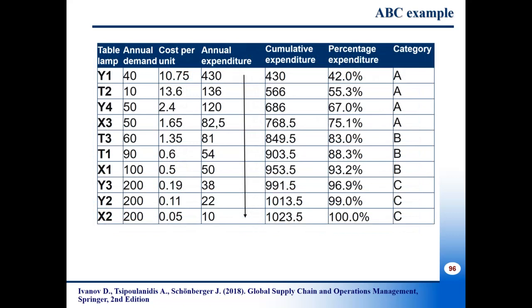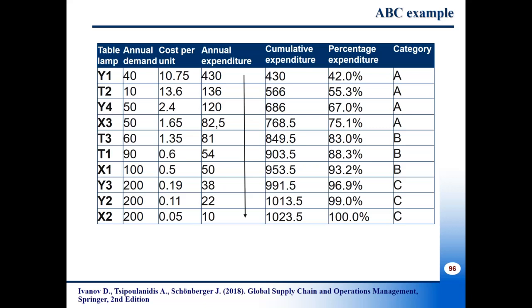The next step is to arrange the different types of table lamps according to their annual expenditures. Cumulative expenditure is the sum of annual expenditure from the highest annual expenditure to the current sequence of annual expenditure. After calculating the cumulative expenditure, we have to compute the percentage of cumulative expenditure. Then we can classify the A, B, and C items.